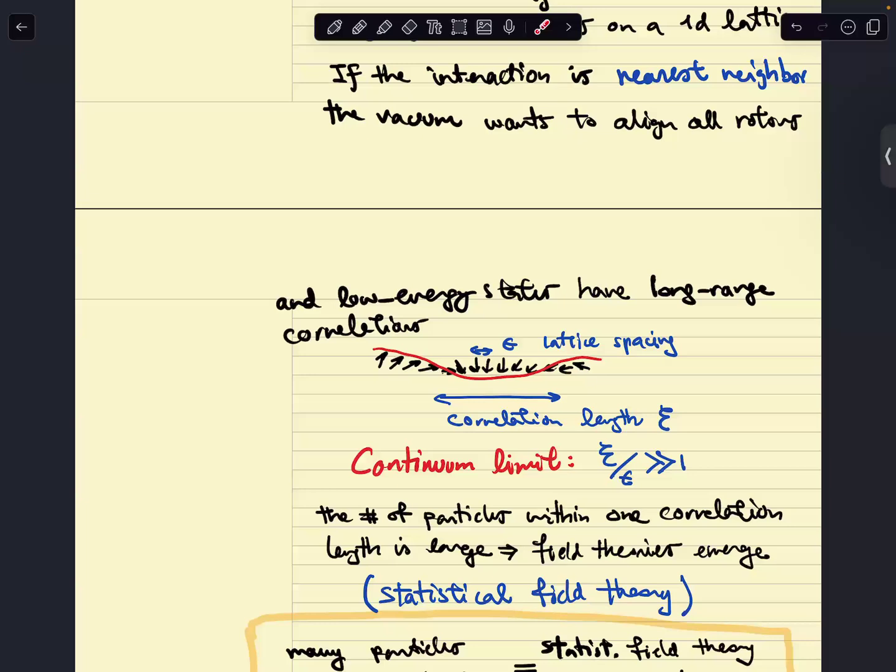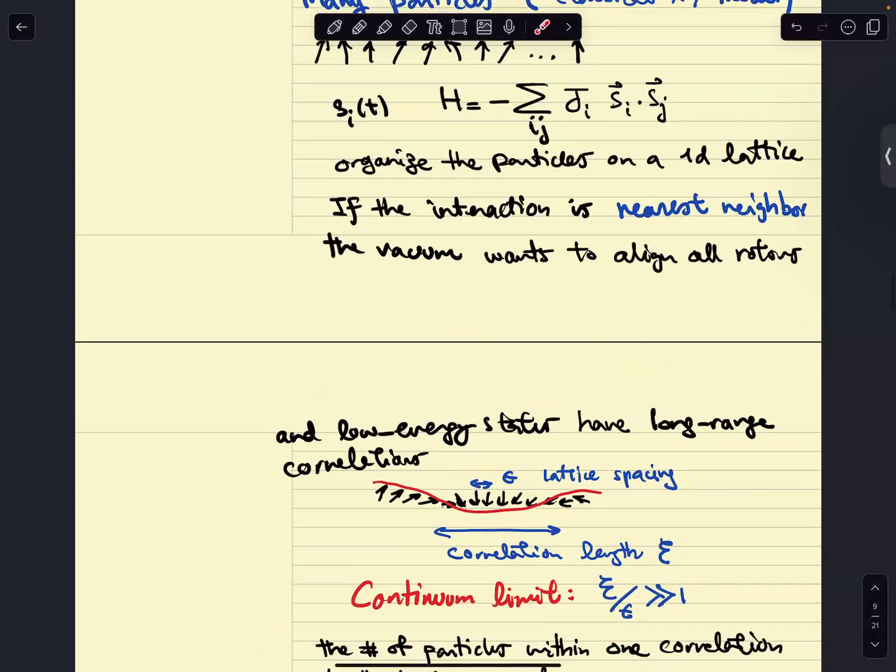But just heuristically for now, in the low energy states of this model, if you look at the excitations on top of this vacuum, what you see is these long wave perturbations. The spins almost align, next to each other parallel, but there are these long wavelength perturbations.